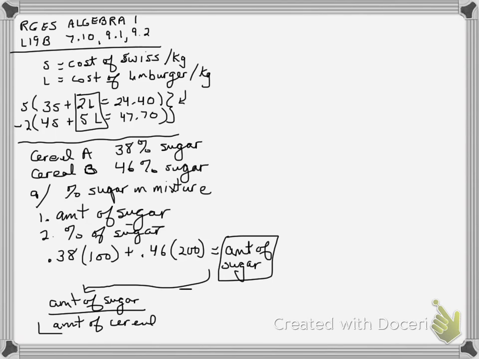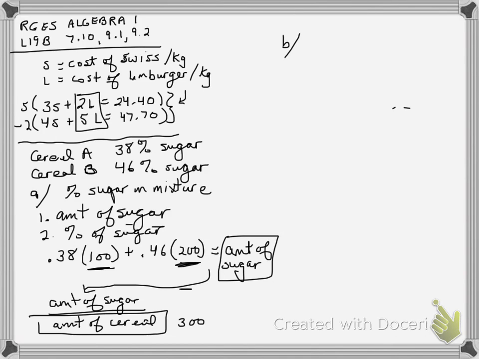Well, what is the amount of cereal altogether? It's 100 plus 200 more. So I will take the amount of sugar and divide it by 300. So pause that, make sure that's very clear to you, and then we'll look at part B of the problem.